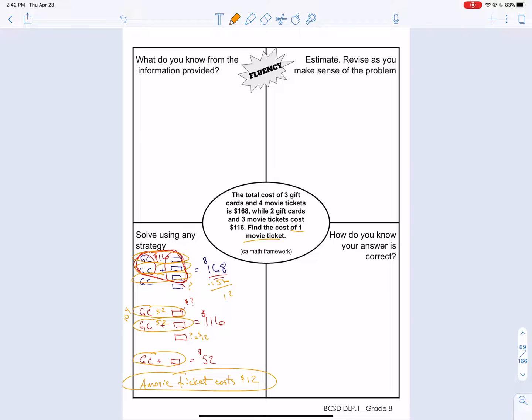Again, you can use equations if you like. I can write that out off to the side, just for those of you that would rather do it that way, and then I'll erase it. I'm going to use G for gift cards: 3G plus 4T equals 168, and 2G plus 3T equals 116.